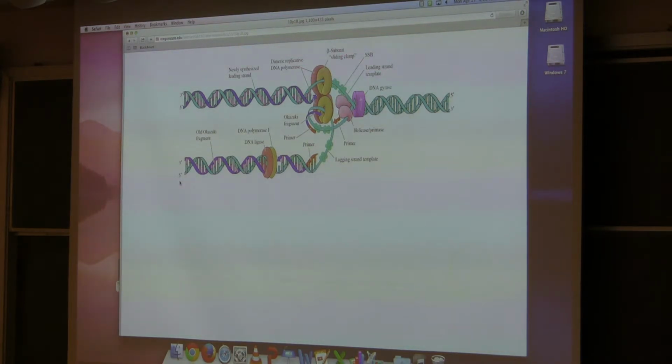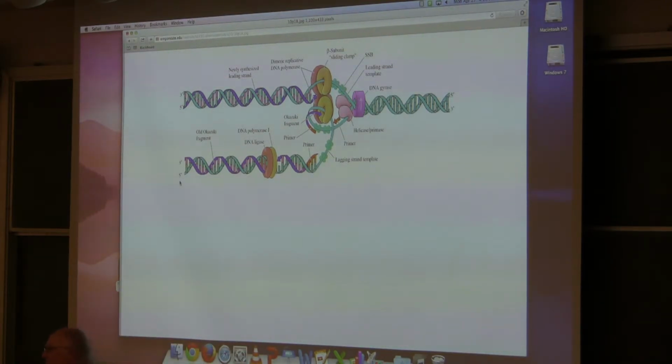The other protein that's on here is labeled the beta subunit. You see in parentheses, sliding clamp. The sliding clamp has a very cool and very easy to understand function. I told you earlier that DNA polymerases tend to fall off. It doesn't matter what the DNA polymerase is.